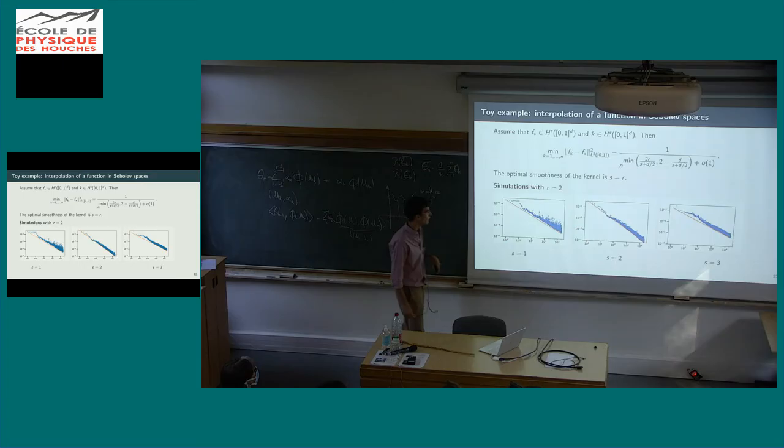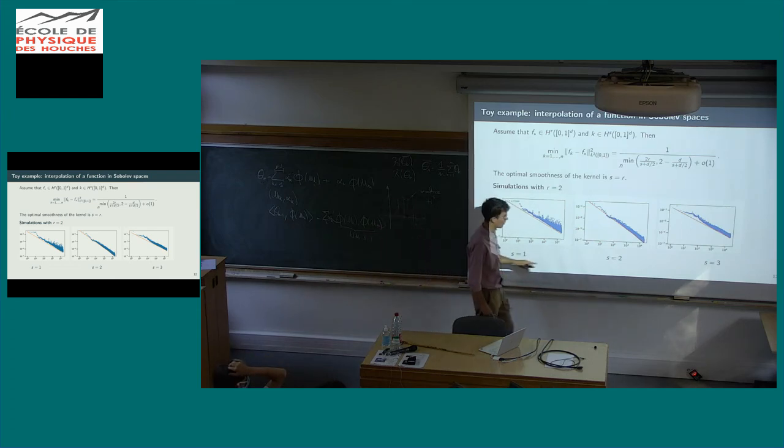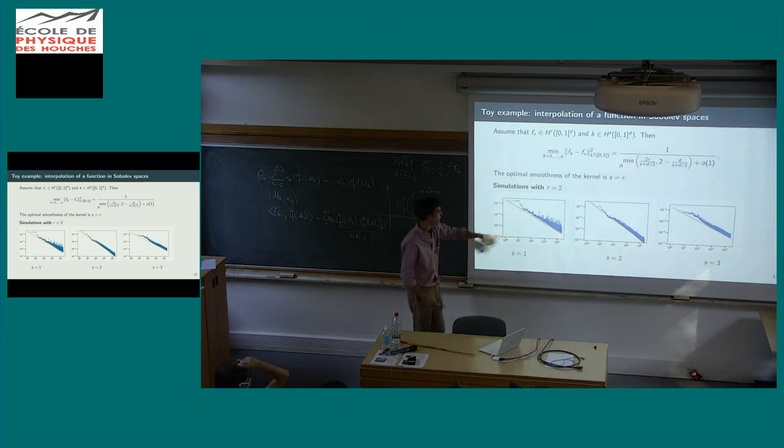Just some simulations to relax. The same function with regularity 2, and then I take 3 kernels of smoothness 1, 2, and 3. And then I look in log-log scale at the performance of the approximation in L2 of iterates. So I get the curve as a function of n.